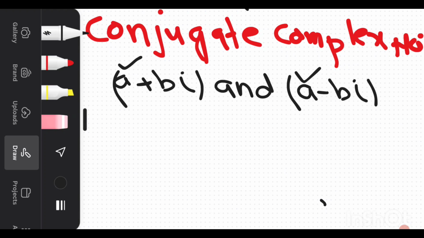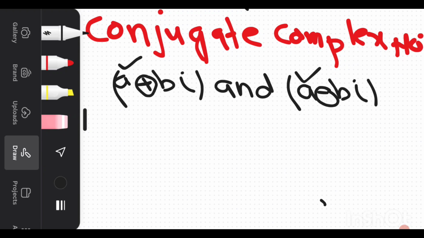So this is plus and this is minus, they have the same real part, the same imaginary part, but the imaginary parts are changed just by sign. These types of pairs of complex numbers are known as conjugate complex numbers.